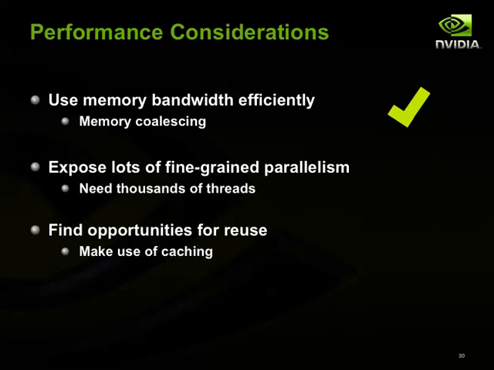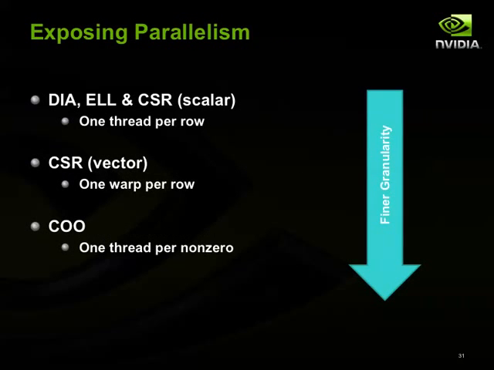Okay, so we've spoken a lot about memory coalescing. Now let's look at how many threads we actually have to generate to get good performance. And this is kind of interesting, although not as important as before. So we had different classes. We had kernels where we used 1 thread per row, like the diagonal, ELLPACK, and CSR scalar. We had another where we used 1 warp per row.